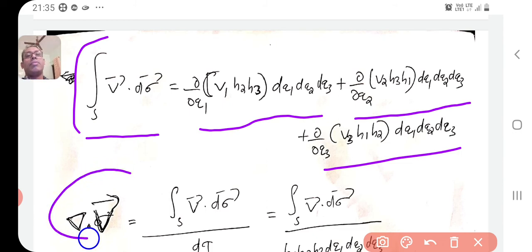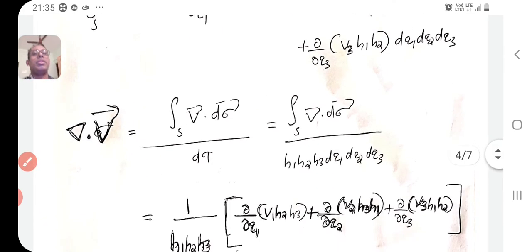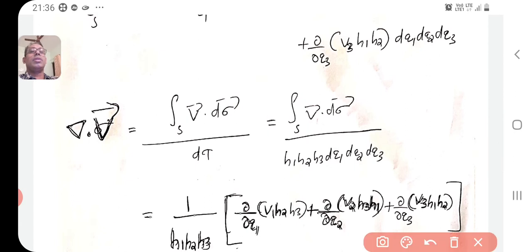Using that we are finding del dot V. What will be del dot V? That will be the integral over the surface of V dot d sigma divided by d tau, which is h1 h2 h3 dq1 dq2 dq3. So we divide by h1 h2 h3 dq1 dq2 dq3.